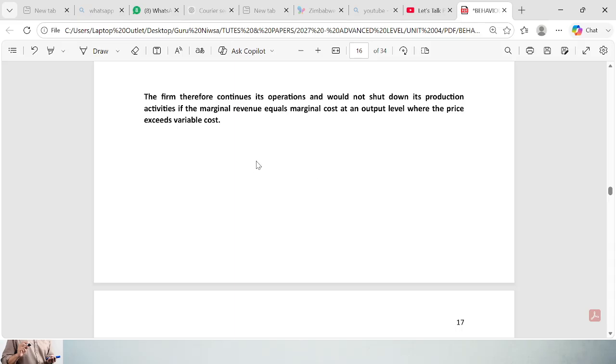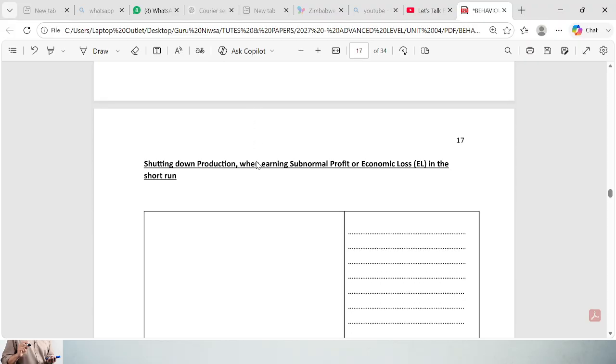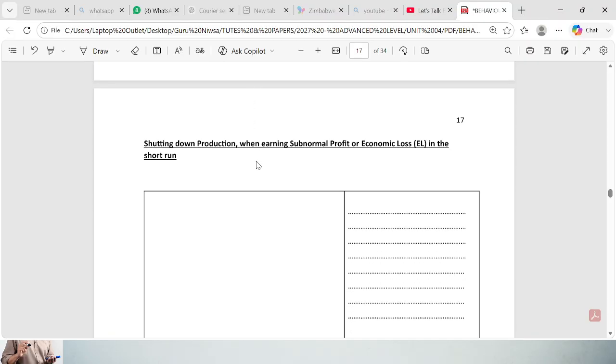Right, so the same point again. Next one: shutting down production, not continuing, shut down operation when earning subnormal profit. At which point should a firm decide to shut down its operation? Very simple.